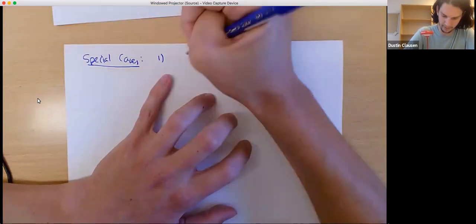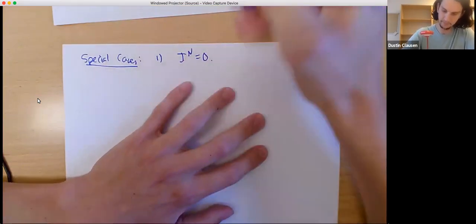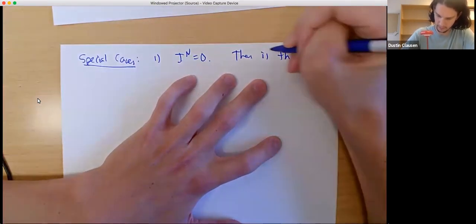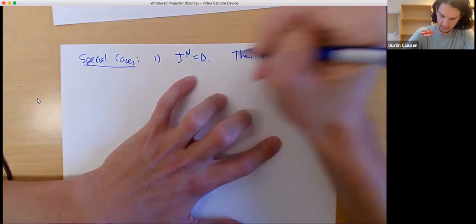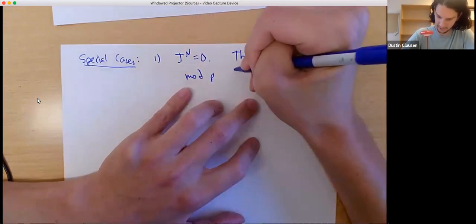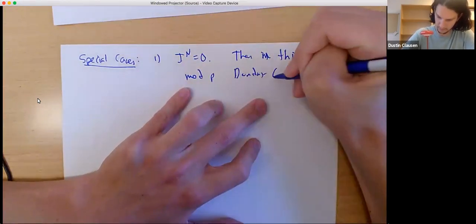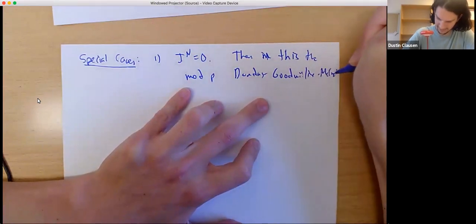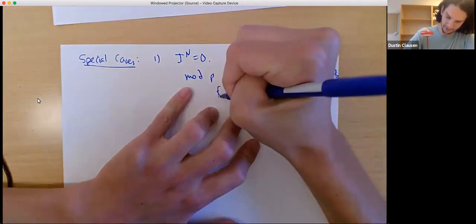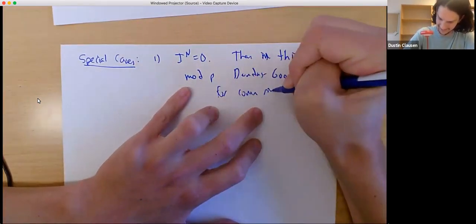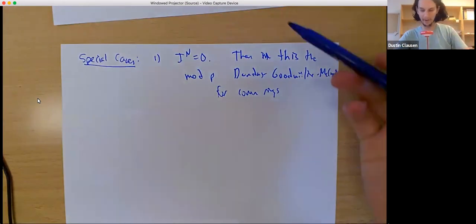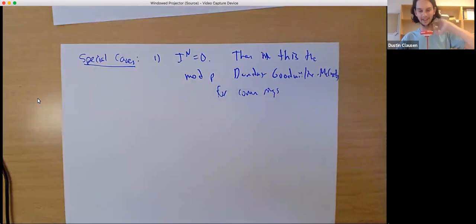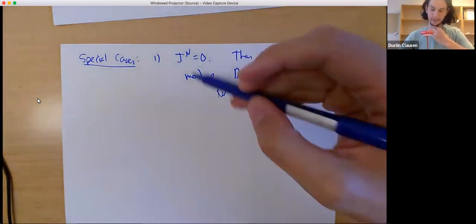Well, one is the nilpotent case, then this is the mod P Dundas-Goodwillie-McCarthy theorem, for commutative rings. Theirs is a general theorem without mod P coefficients for associative rings with this nilpotence condition. So we recover a certain specialization of that.